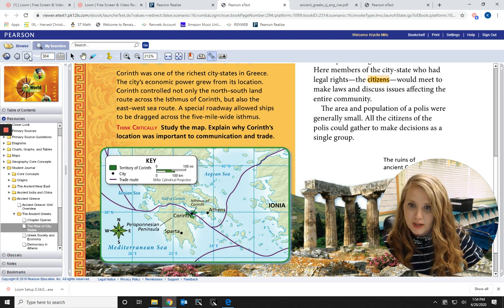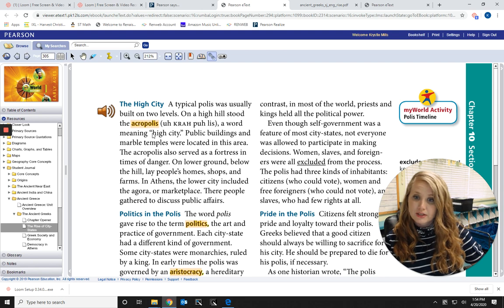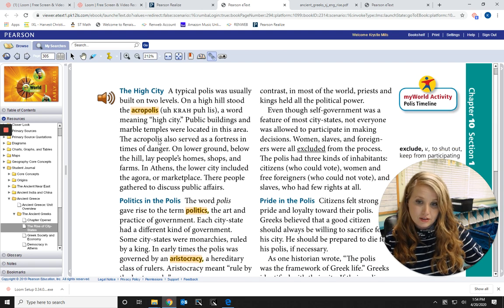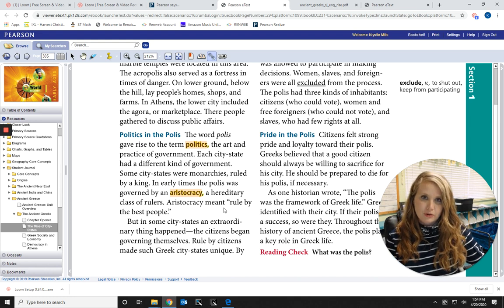All right, let's go look at our final page from this section. Page 305 here, we see the remainder of our key terms. We see an acropolis is a high city. We see politics is the art and practice of government. And aristocracy is a hereditary class of rulers. And that word hereditary means that they are ruling by their birthright.